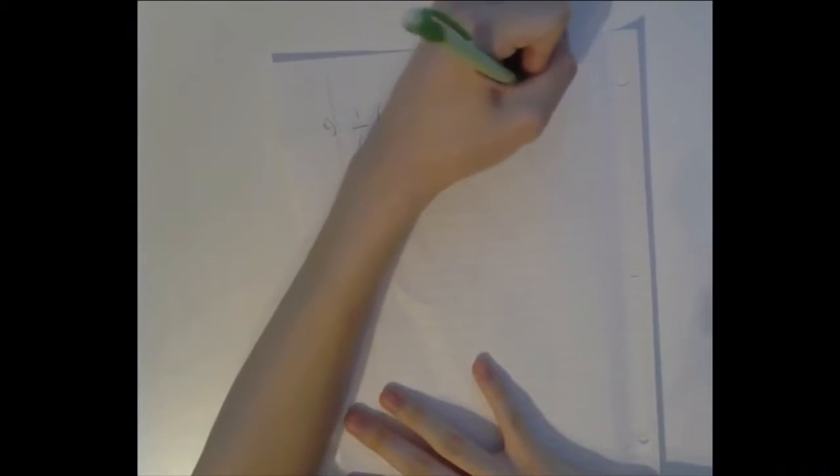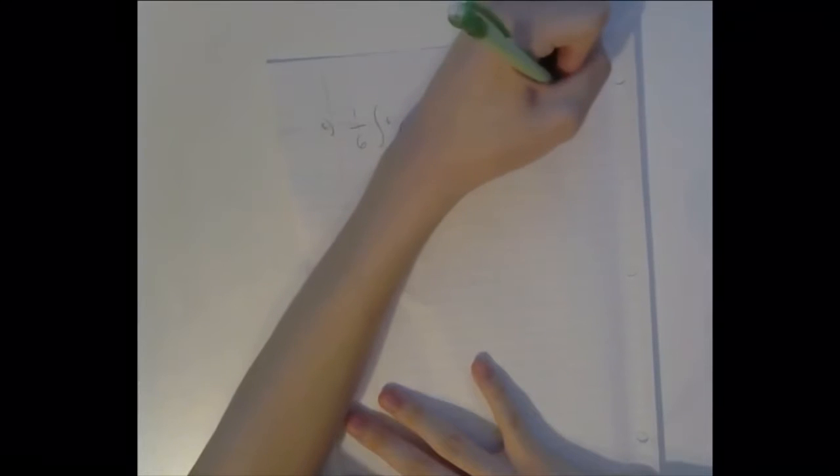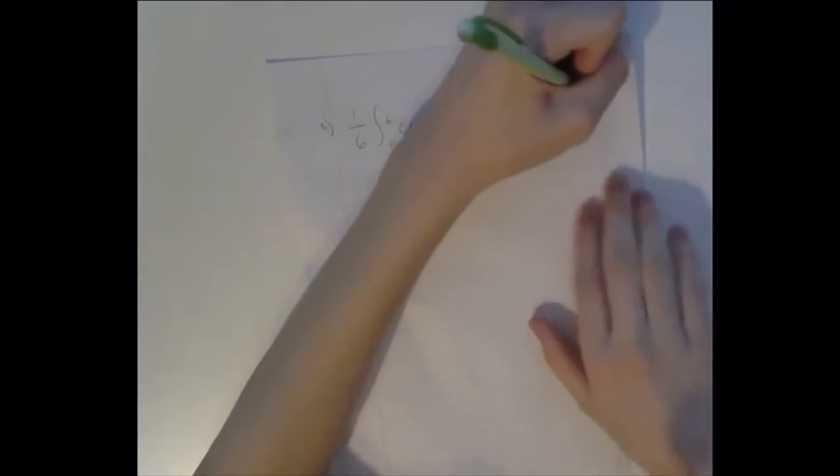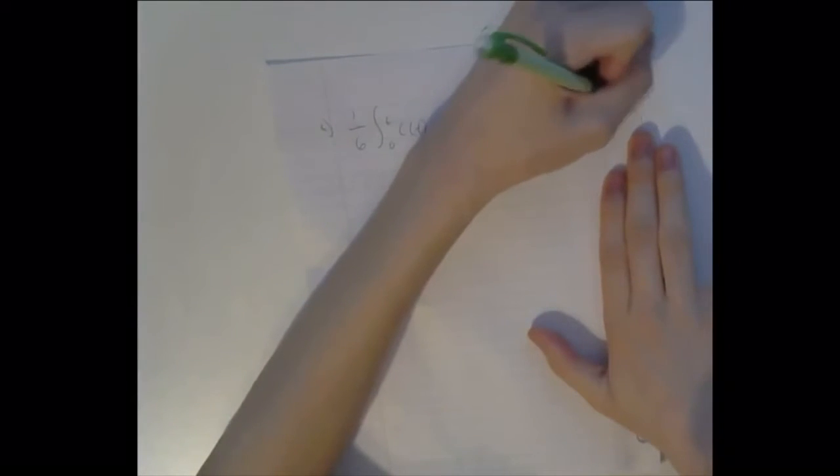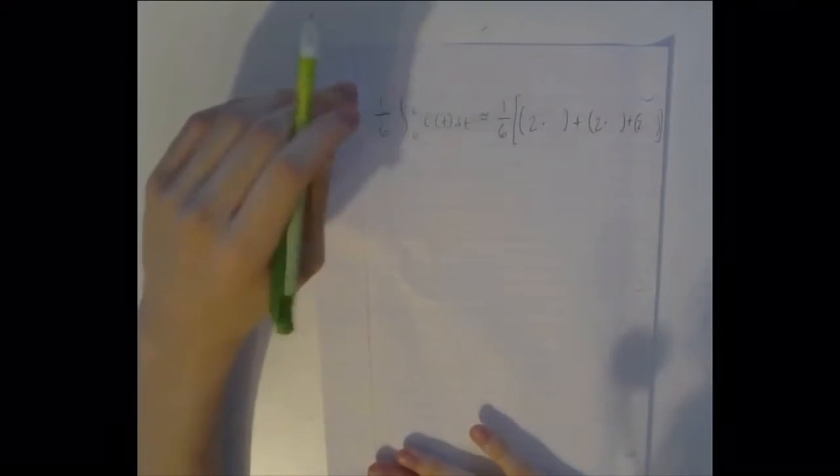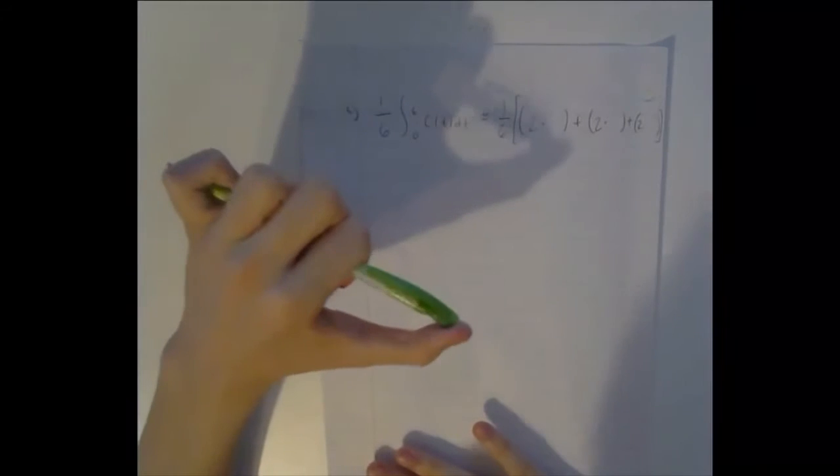So we can go ahead and input that in here, and we're adding all our areas together of each subinterval. So we have our bases down. Now we just need our heights.